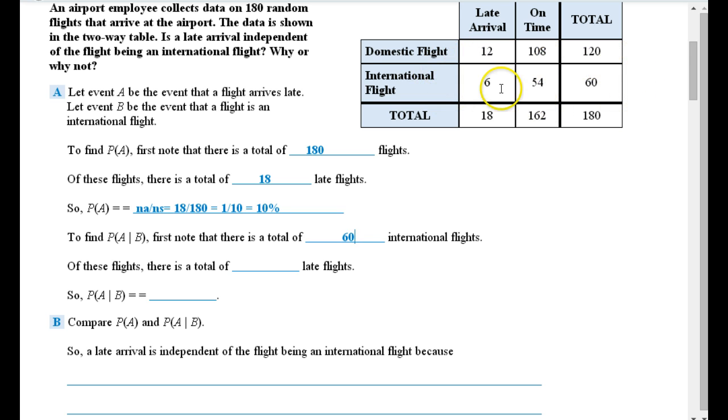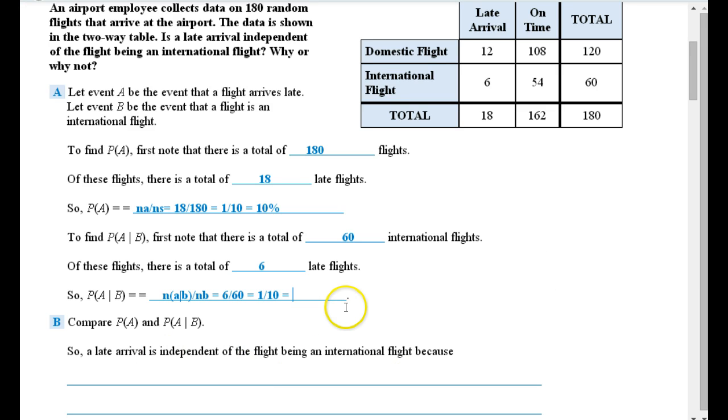The probability of A given B is the number of A given B divided by the number of B, which is 6 over 60, which is equal to 1 over 10.